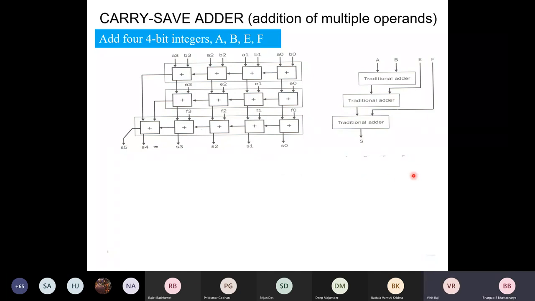One thing, sir. When we are adding on the first layer, the sum and the carry go from the same line. I can see only one output. No, there are two outputs, right? Yes, but the line is only one. Wait, no, one output goes here, other output goes here.